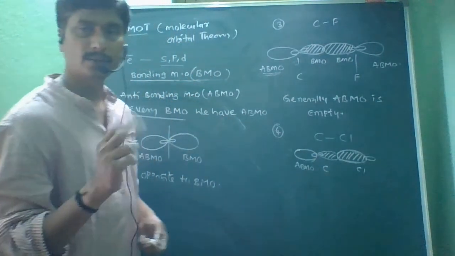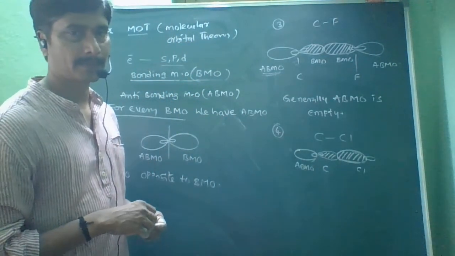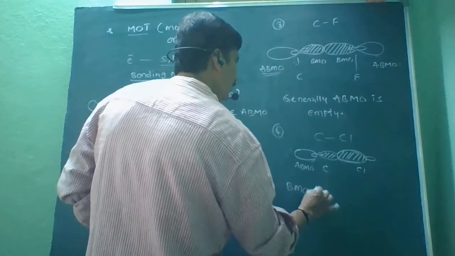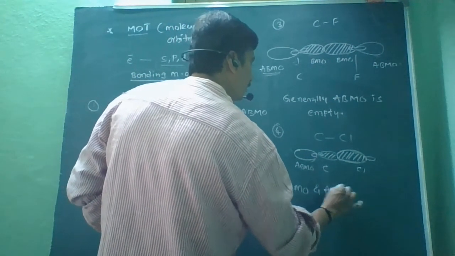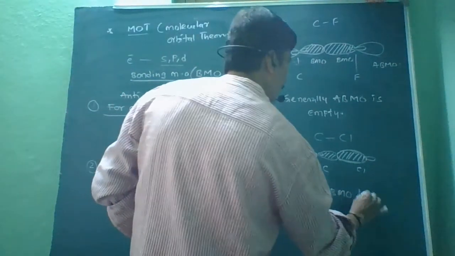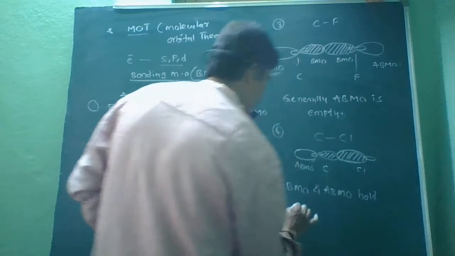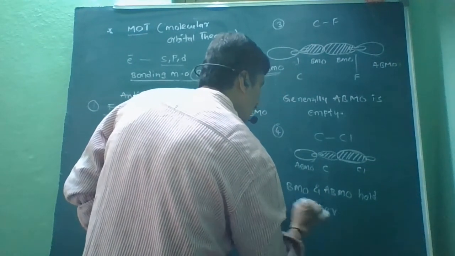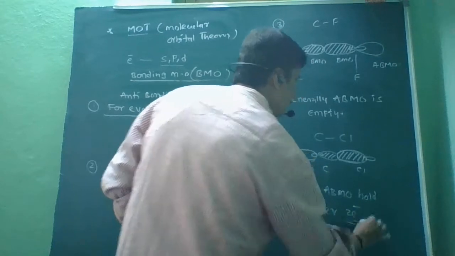So BMO and ABMO hold together two electrons.